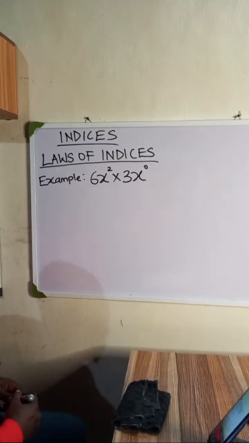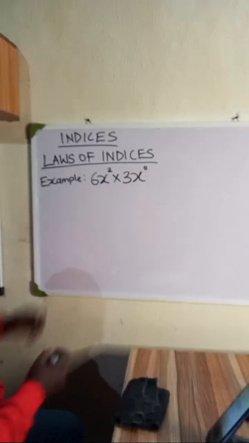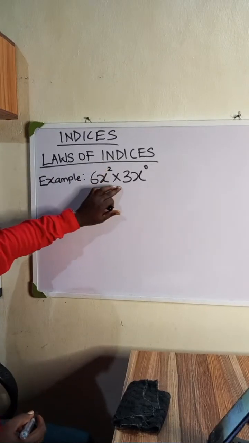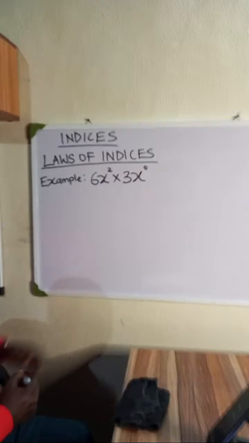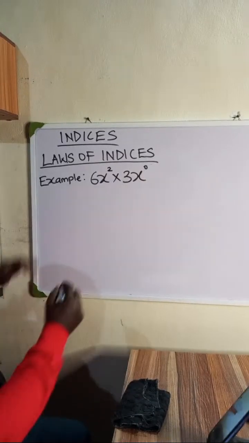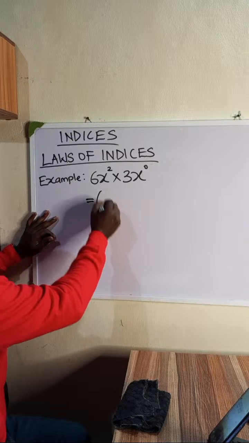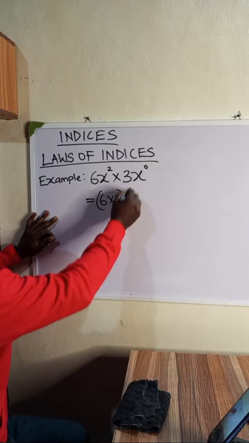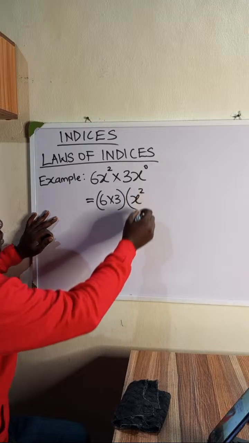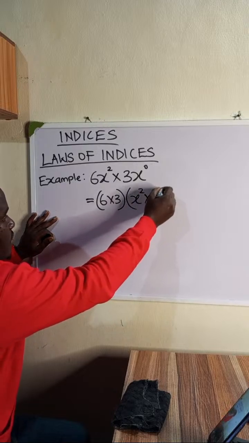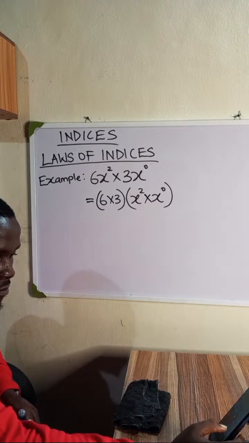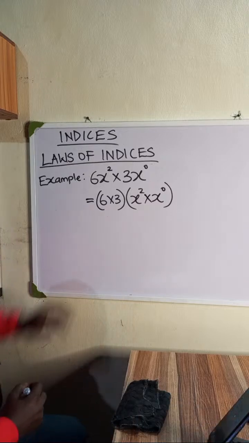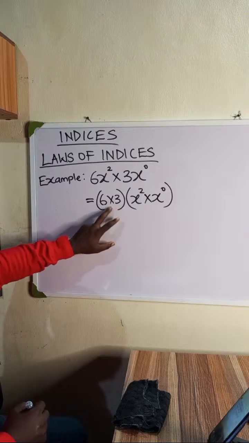Okay, so 6x to the power of 2 multiplied by 3x to the power of 0. So just as we did in the previous example, we bring the numbers together. So this will be 6 times 3 into x to the power of 2 times x to the power of 0. Are we correct? Okay, so next we multiply these two values together.